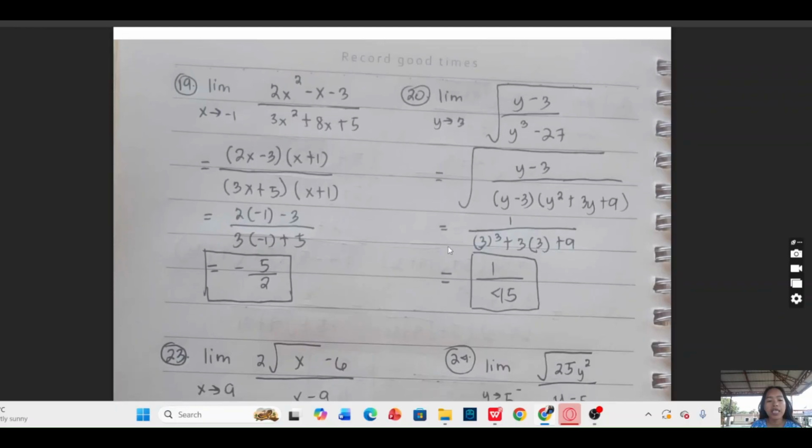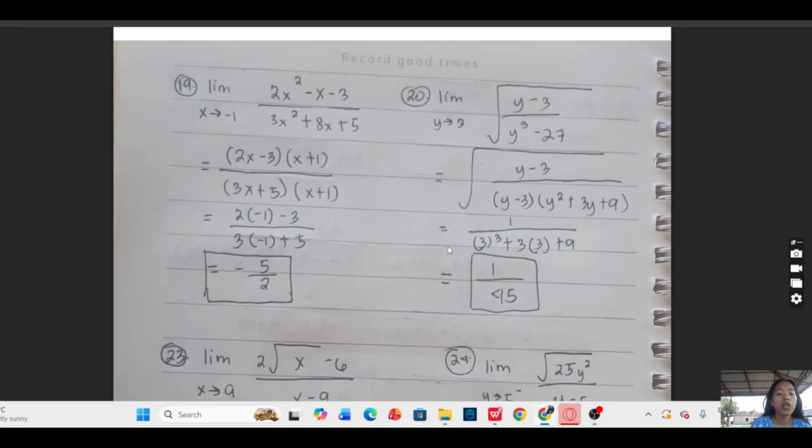Next is this limit of 2x squared minus x minus 3 all over 3x squared plus 8x plus 5 as x approaches negative 1. Again, our numerator 2x squared minus x minus 3 can be expressed as the quantity 2x minus 3 multiplied by the quantity x plus 1, all over 3x plus 5 times the quantity x plus 1.